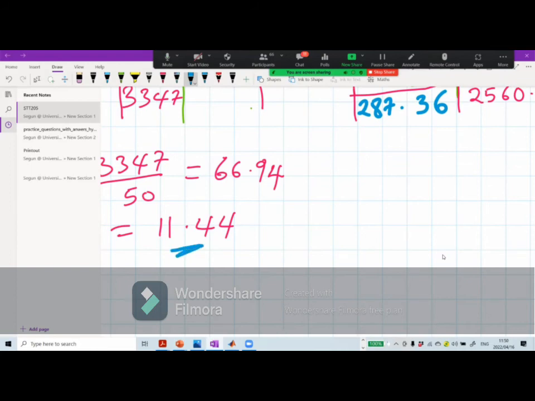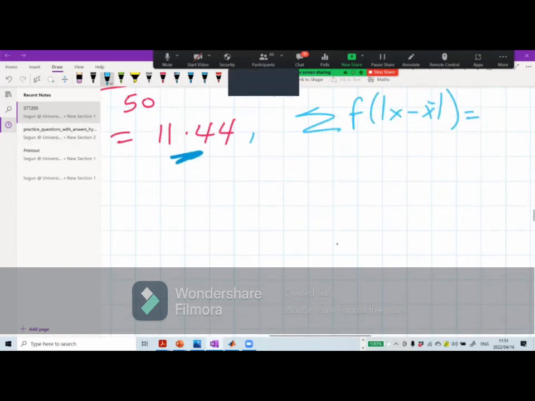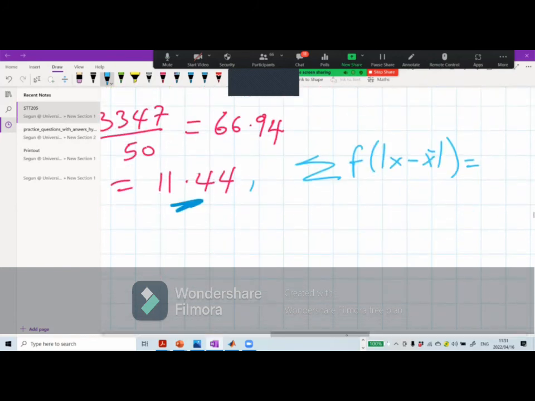Okay, now that we have our results, let's write them out. We have X bar to be this. So we need summation F into modulus of X bar. Evelyn, what's the question? How did we get 11.44?